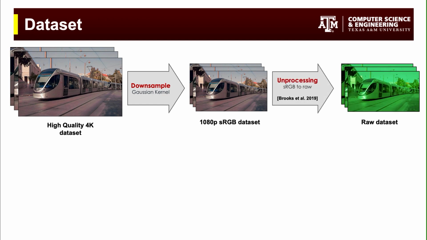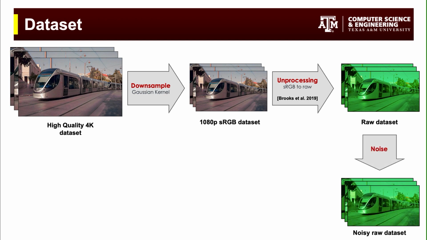This 1080p sRGB dataset can be synthetically converted to the raw domain using a processing pipeline proposed by Brooks et al. We then add Poisson and Gaussian noise to the raw dataset. This process gives us the noisy and clean training image pairs in the raw domain.